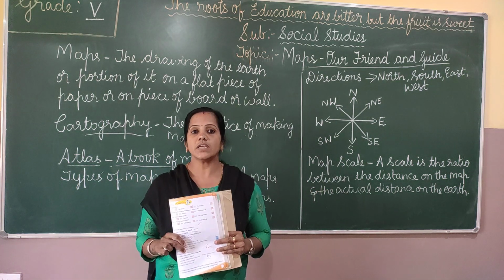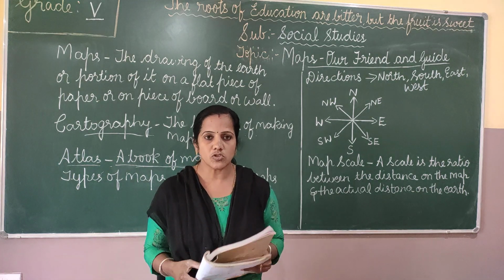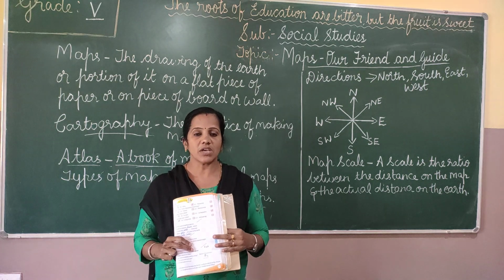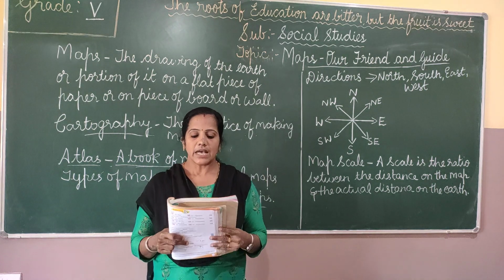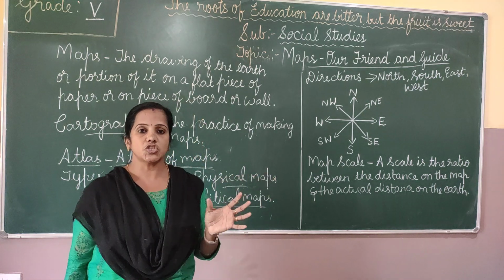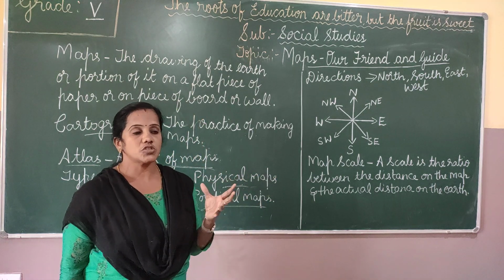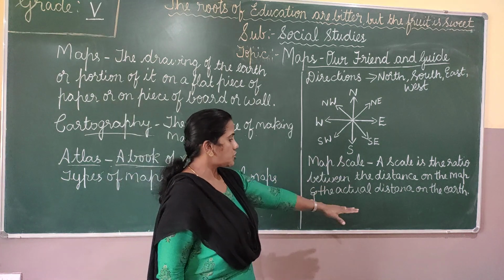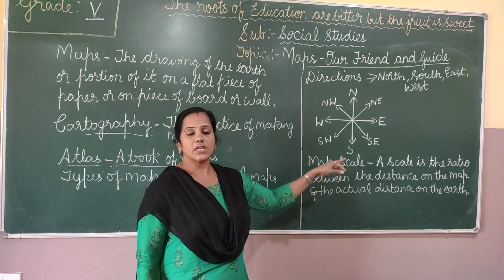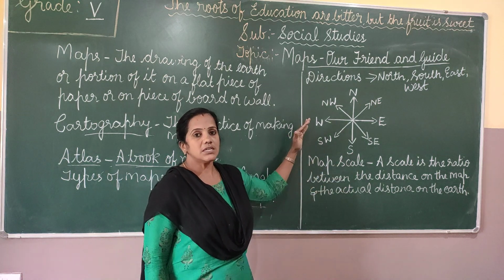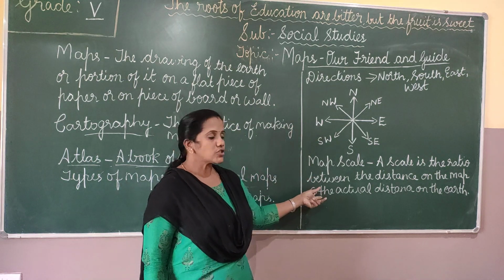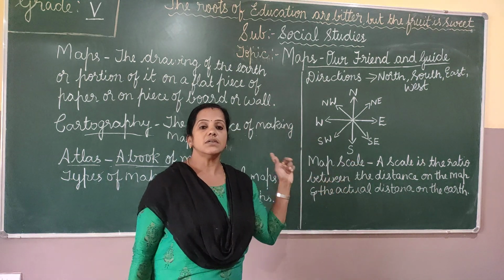So for drawing correct maps, we use map scales. And what is the scale? A scale is the ratio; a ratio tells the relationship. So a scale is a ratio between the distance on the map and the actual distance on the earth.